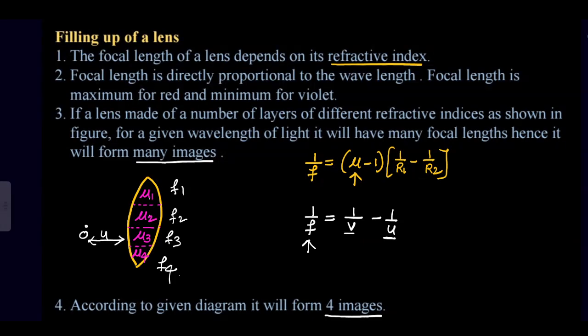This part is filled with one type of medium, mu1, and this is filled with another type of medium, mu2, divided perpendicular to the principal axis.